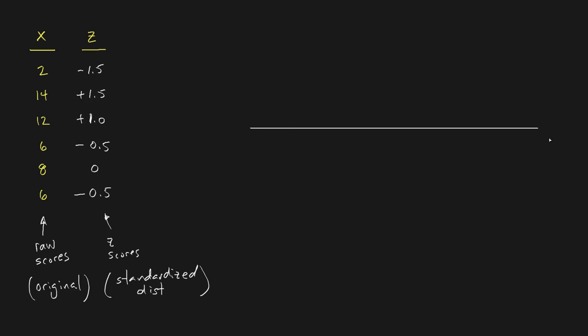Well, actually, let's do this first. I need to have 14 scores here, so let's try to do this evenly. That's 1, 2, 3, 4, 5, 6, 7, 8, 9, 10, 11, 12, 13, 14.